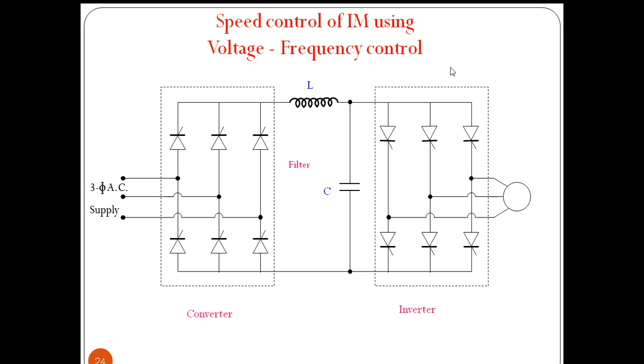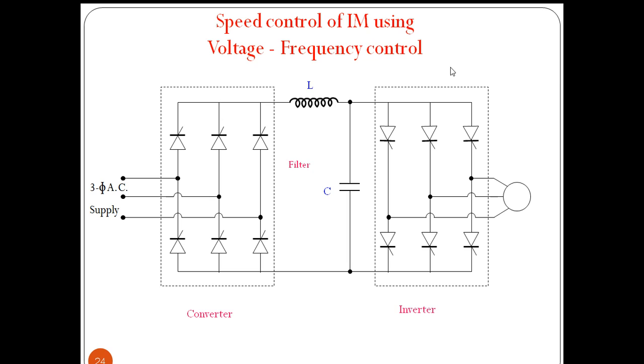Okay, now we will switch over to the last important topic, speed control of induction motor using voltage frequency control. The speed of induction motors may be controlled by operating them from a variable voltage and a fixed frequency supply.